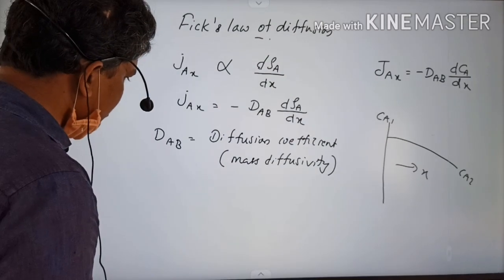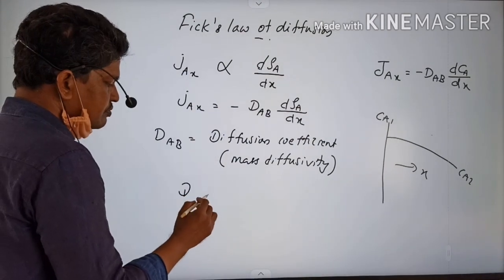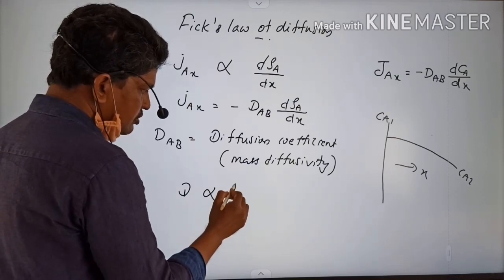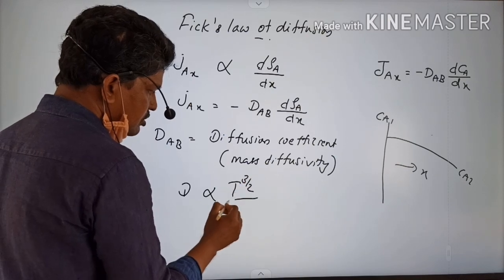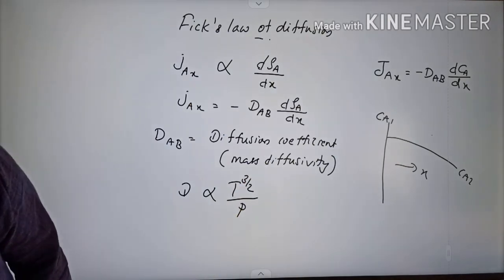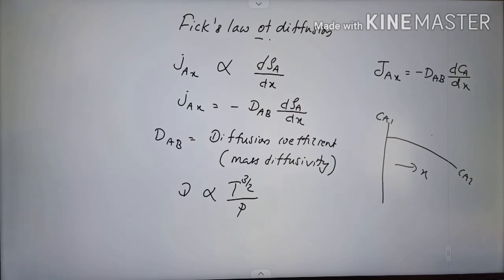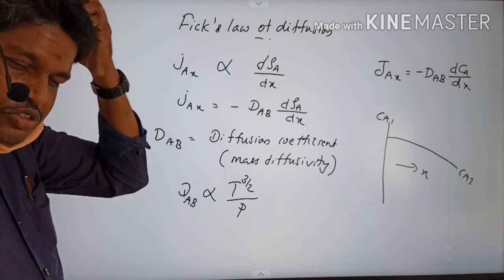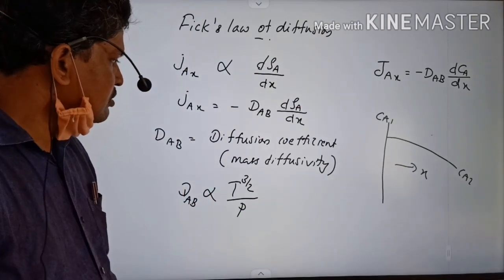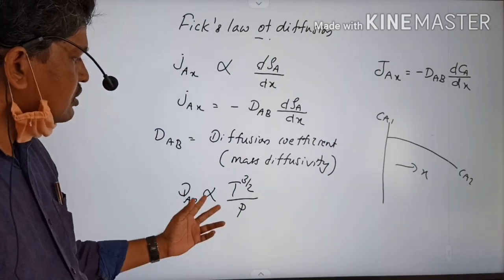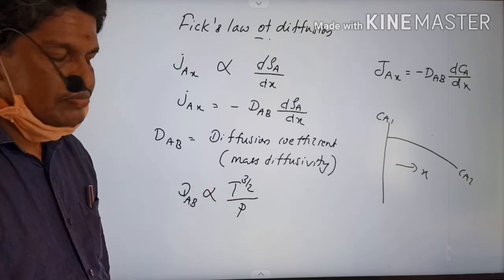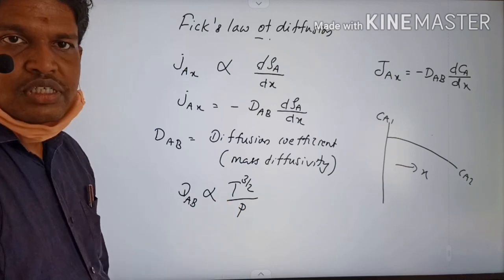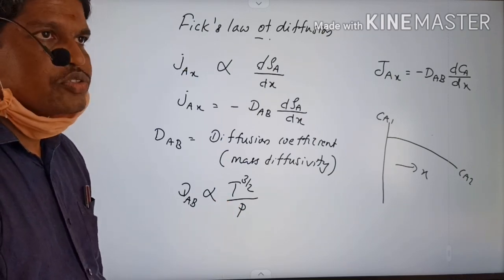Generally D is proportional to some power of temperature and inversely to pressure. The diffusion coefficient of a gas increases with temperature and also increases with decreasing pressure.